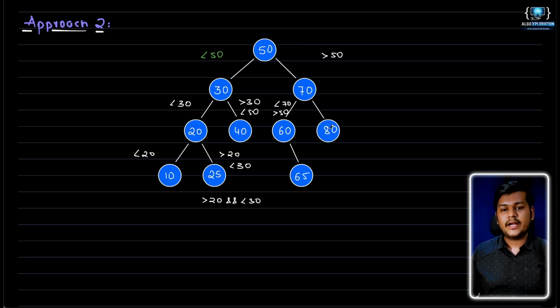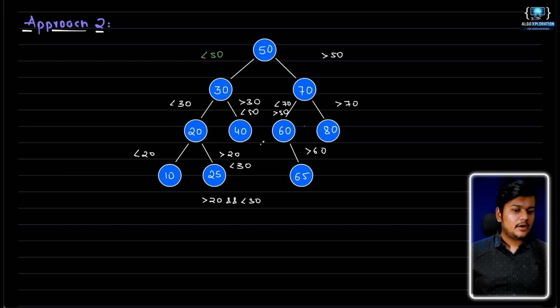So I will get to know whether you got this concept or not. I believe that you have commented, but if you didn't, just focus over here. See, 80 is present on the right hand side of 70, so it should be greater than 70, right? Now what about 65? See, 65 is present on the right hand side of 60, so it should be greater than 60. Perfect. So I believe that you got it.